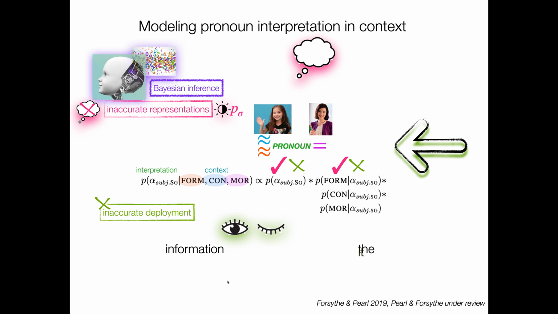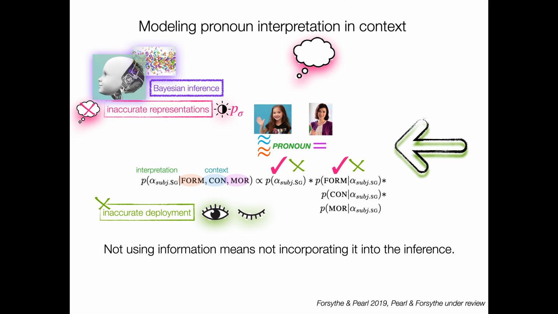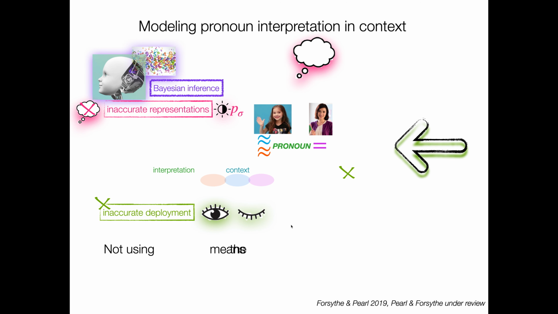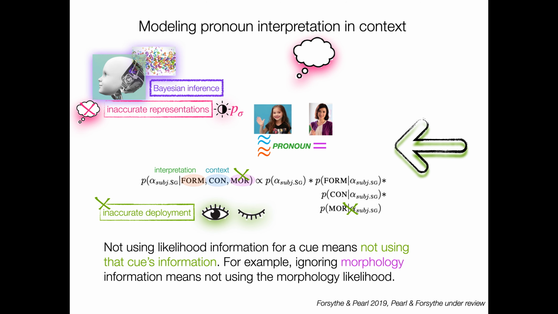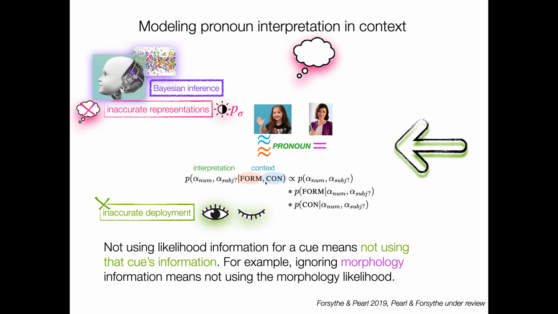If you ignore it, that means you're not going to incorporate it into this inference calculation. So let's say we don't use the prior. Then we're going to be relying on a uniform, that is an uninformative prior, say 50-50 if there are two choices. If we're not using any of the likelihood information, that means we're just not going to use that cue's information. So for example, if we ignore morphology in the moment, we're not going to use the morphology likelihood, and the calculation looks like this, as if you just don't even bother paying attention to morphology in the inference.